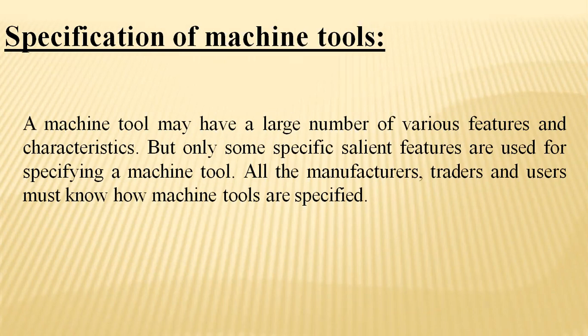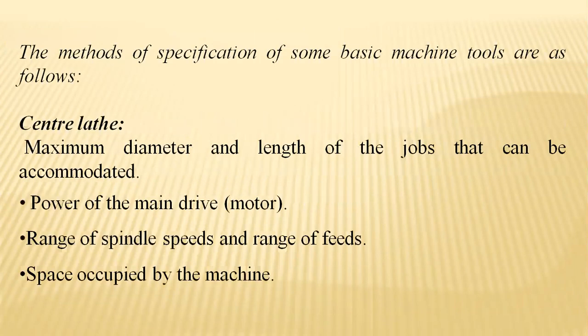From the specifications point of view, coming to the central lathe machine, we need to monitor two different statistics primarily: the maximum diameter and the length of the jobs or specimens which need to be accommodated on the central lathe machine.